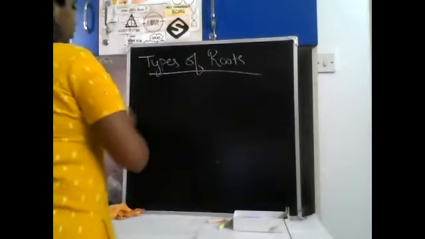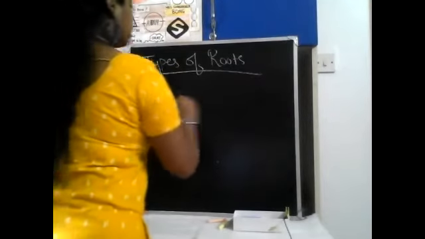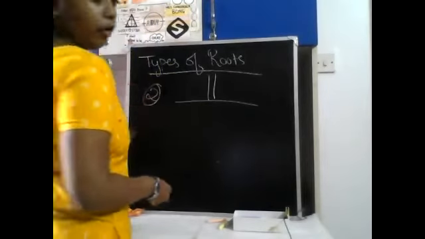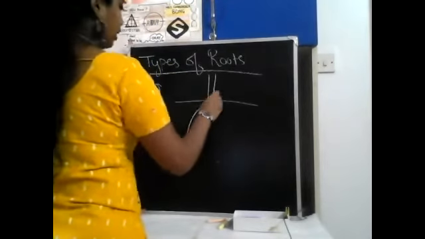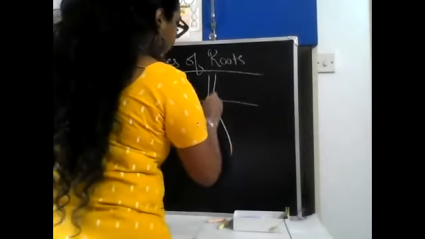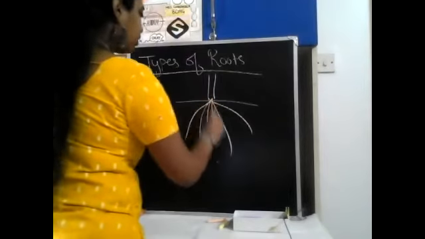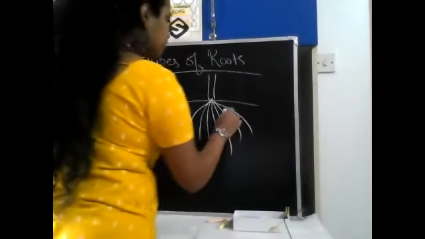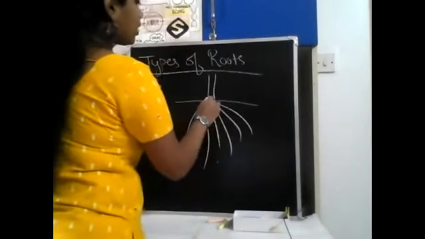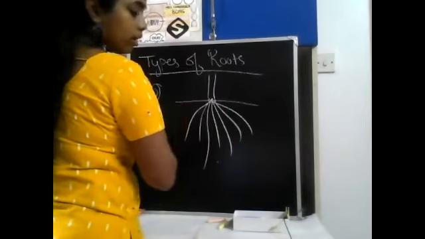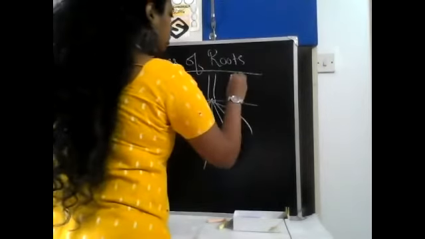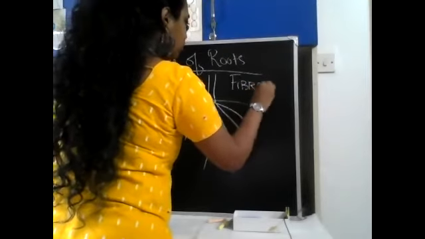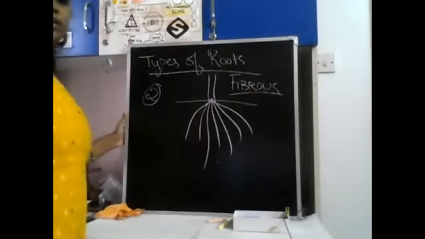The second type is the kind of root that arises from a single point of the plant and they arise in thread-like structures. So these thread-like structures will arise from one point and this type of root system is called fibrous root system.